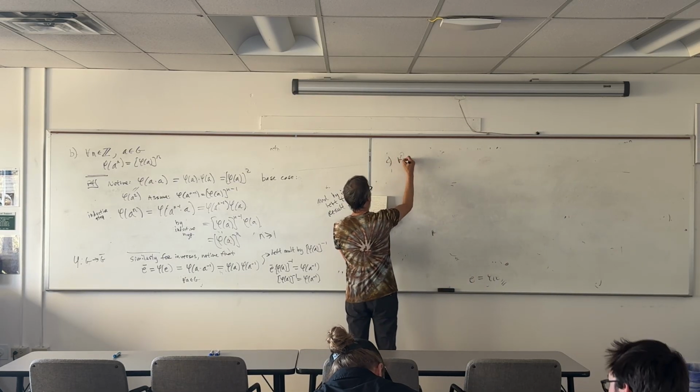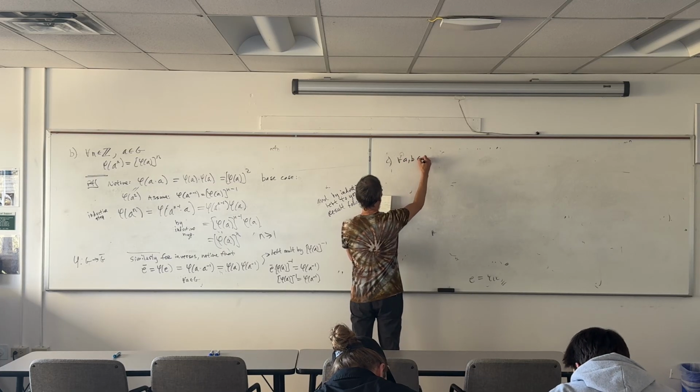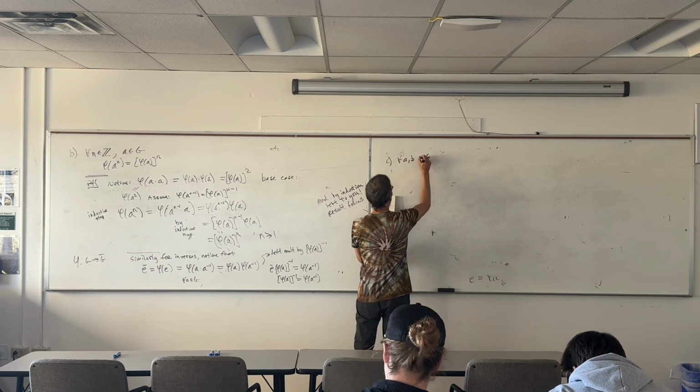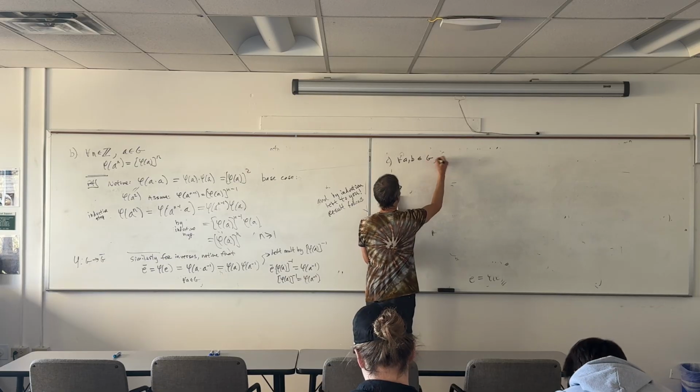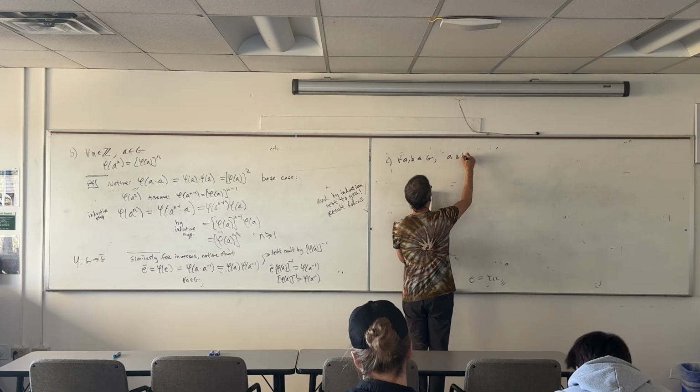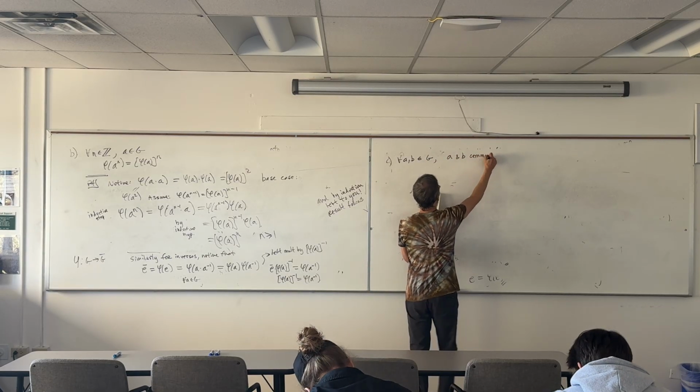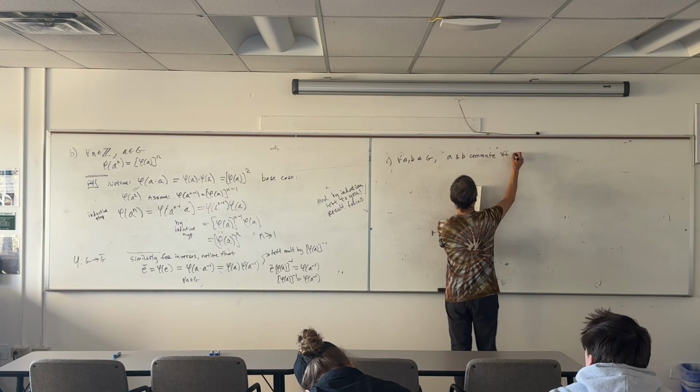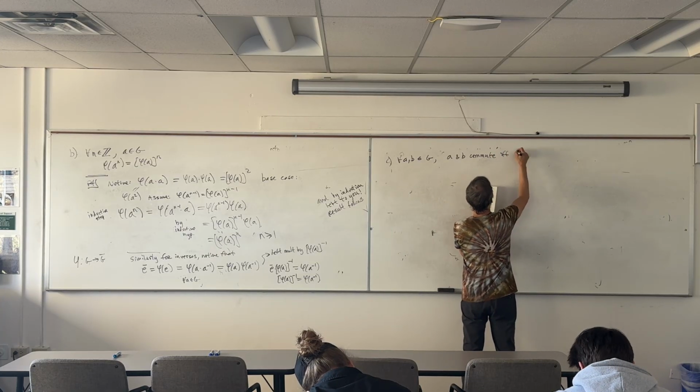This one's not bad. For all A and B in G, A and B commute if and only if phi of A and phi of B commute.